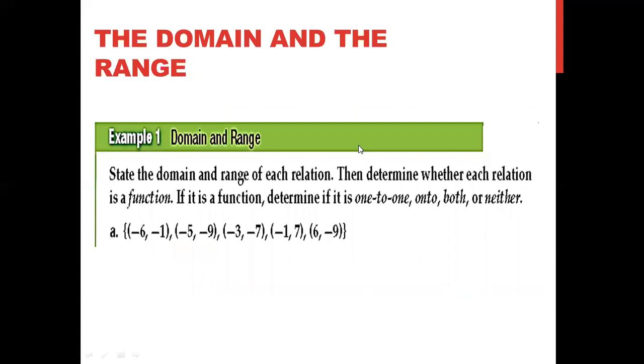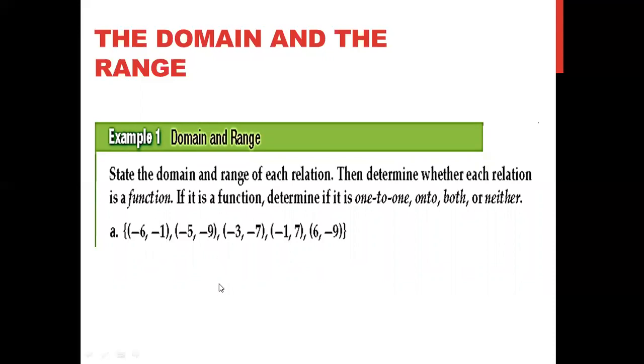Example number 1 will show how I can apply the key concept of the lesson by using an example. This form is a set of ordered pairs form. I want you to state the domain and the range of each relation, then determine whether each relation is a function.